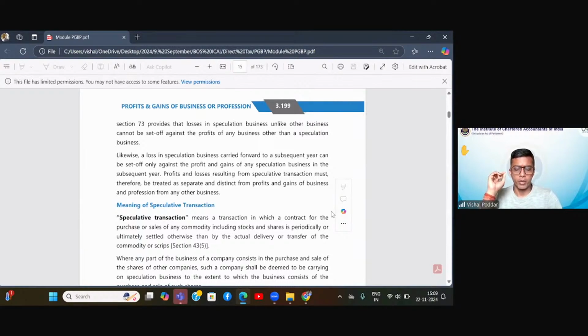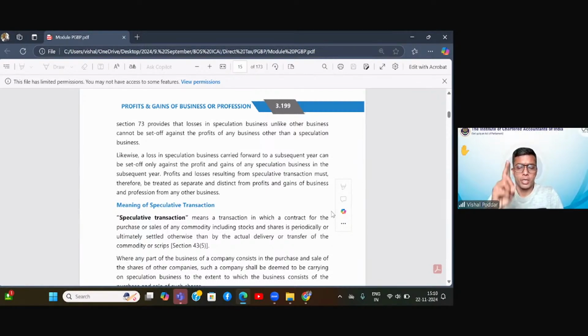The definition of speculative business says that wherever you are entering into a contract for purchase and sale, it is a regular contract of purchase and sale of any stock or of any type of commodity.